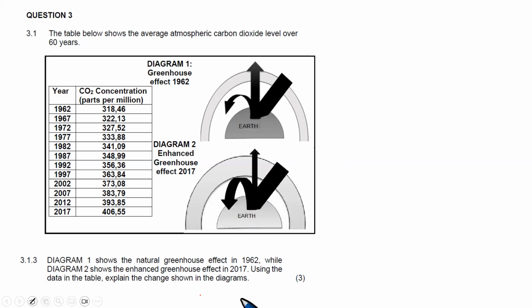Obviously, there's a change between the diagrams. That's what the examiner called it. So using the data in the table, explain the change shown in the diagrams. We're going to look at 3.1.3, the change observed in the diagrams.